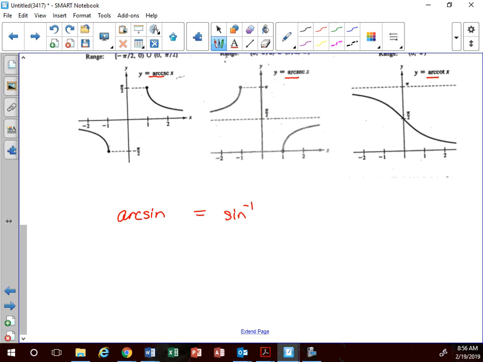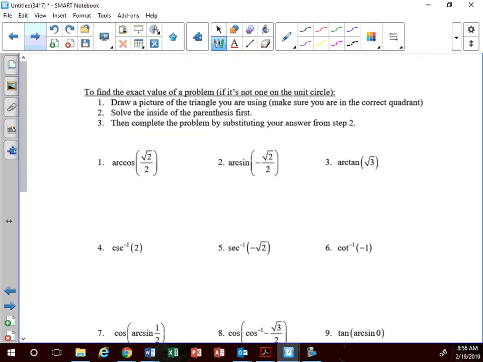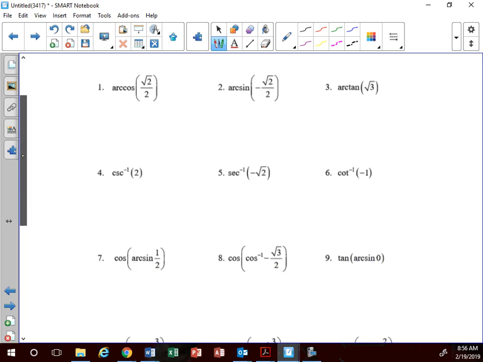All right, let's practice a few of these. So if you turn the page, I want you to start with 1 through 9. I'll give you a little bit of time here. 7, 8, and 9 look a little different, but they're really not too bad.